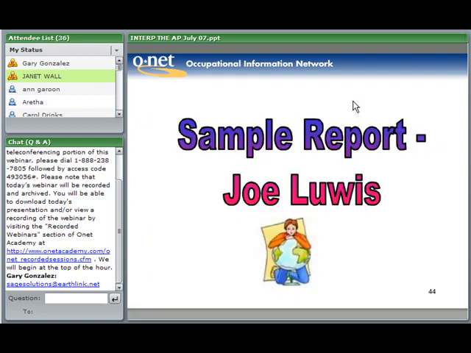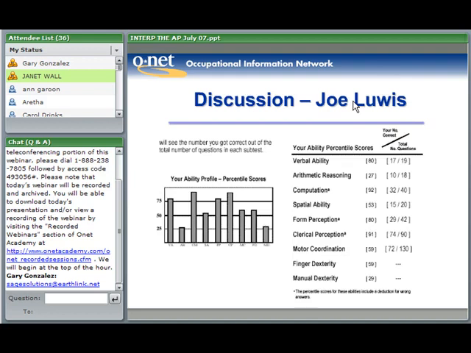I'd also want to show you, we saw a sample report where the scores were pretty low, but that can be different if you score higher on the ability profiler results. So here we have a person, Joe Lewis, who has obtained higher scores than that previous example. And again, imagine the shape of the profile.